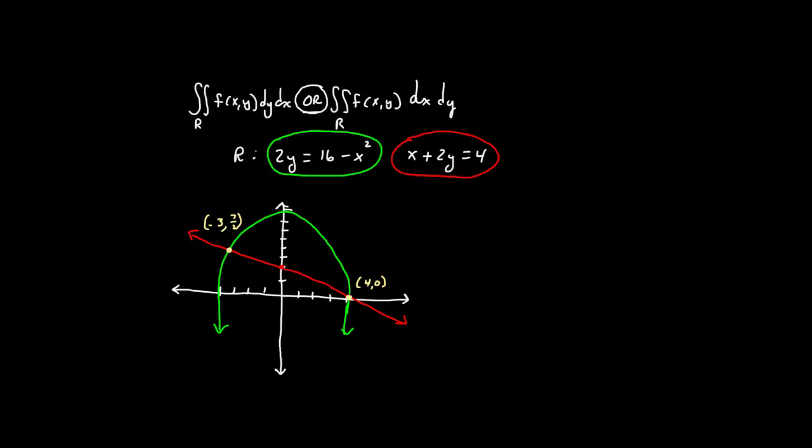I want to point out here that there is a right choice versus a wrong choice. I want you to notice that if I attempted to do dx dy, meaning I fix the y, we ultimately have a problem, and this was what we talked about last year in AP Calculus.